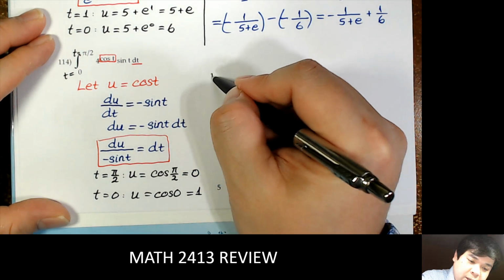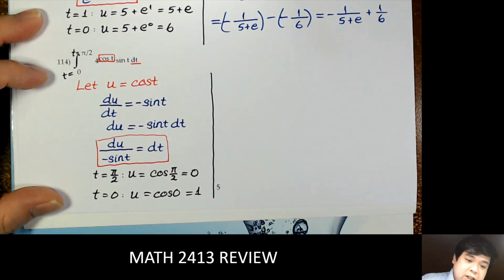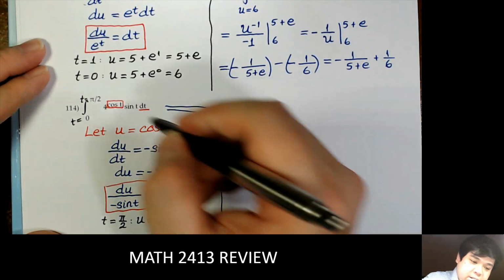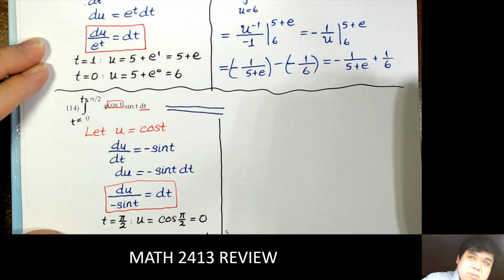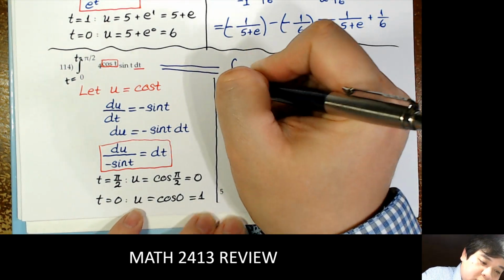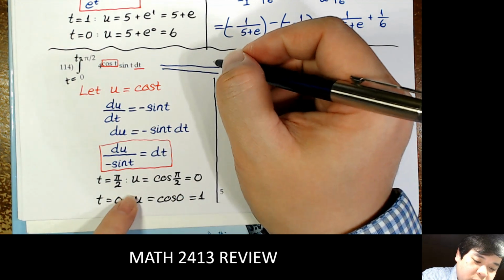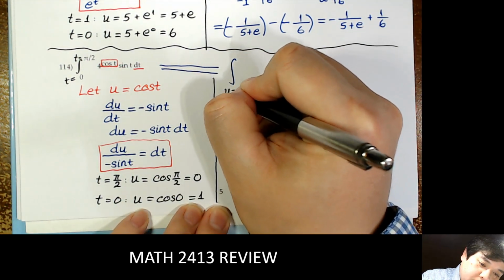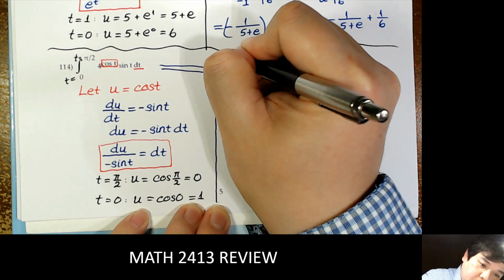Now ready to put everything in the integral. Now the limits, instead of t, we go in terms of u, from 1 to 0.